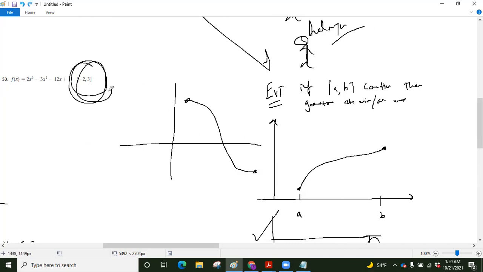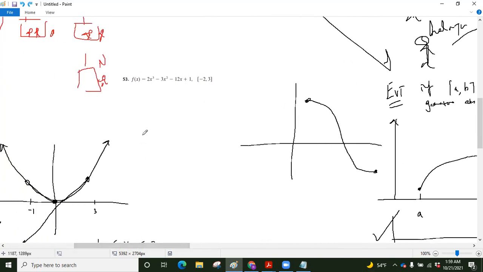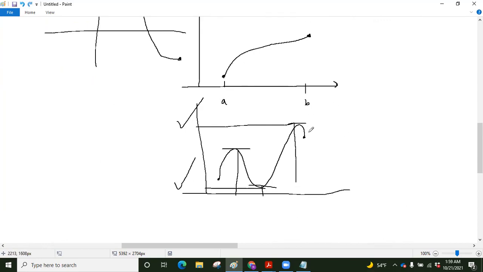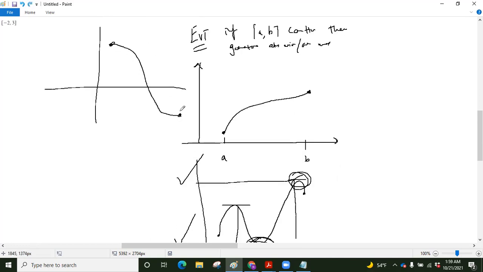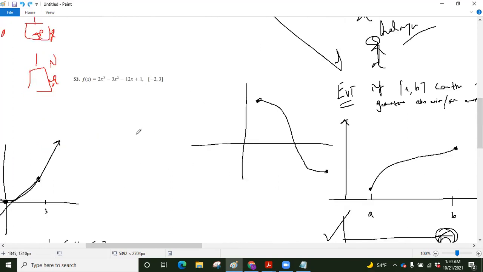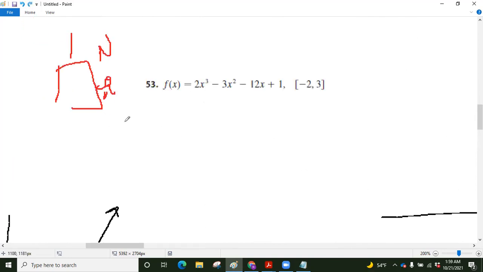So we also want to plug the endpoints into the function to check whether the endpoints could be the absolute max or the absolute min. In this graph, they weren't. This was the absolute max and this was the absolute min, but there are other graphs where the absolute max or absolute min are on the ends. That's why we find the critical numbers, plug them in, and also plug in the endpoints to make sure they aren't culprits.